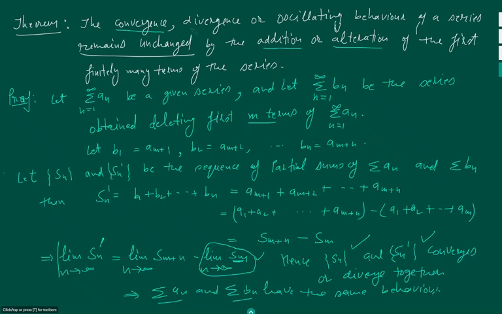If it converges, it remains converging. If it diverges, it remains diverging. If it is oscillating, it remains oscillating. The behavior of the series does not change by addition or alteration of the first finitely many terms of the series. So this was this result, and now we have another simple and important result.